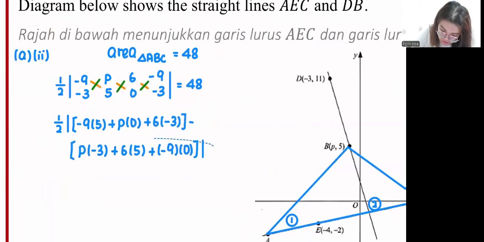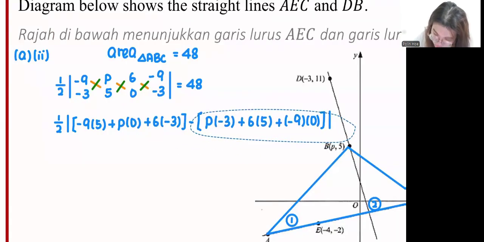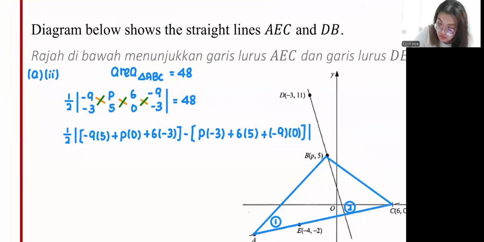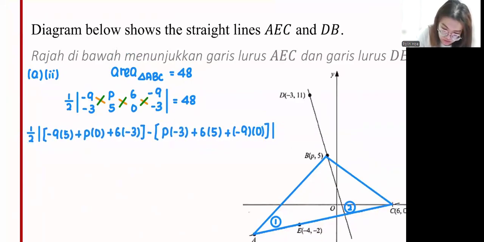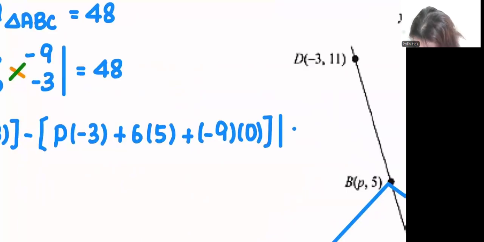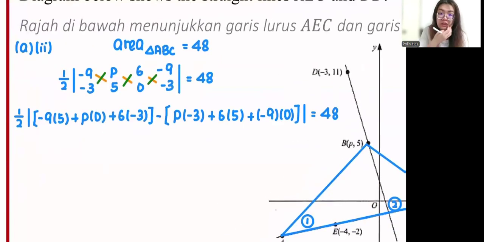After that, equals to 48. And this is the line that gives you the 1 mark. Equals to 48. What you can settle, you settle; what you cannot settle, you leave it in terms of p.